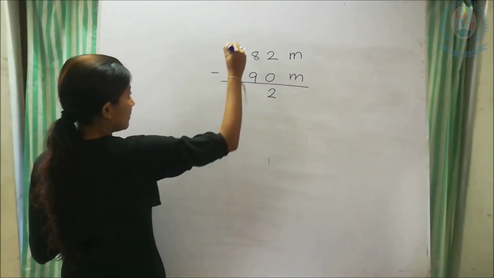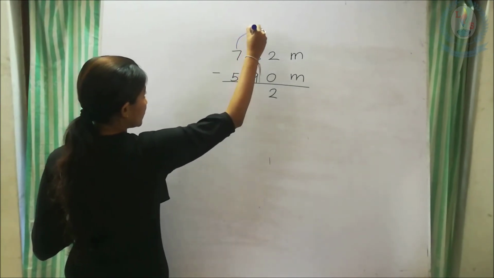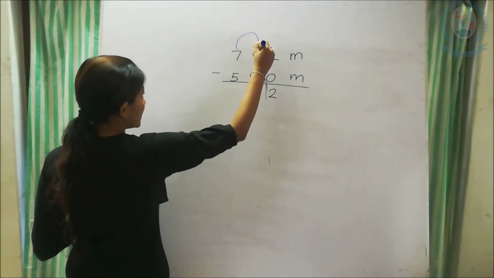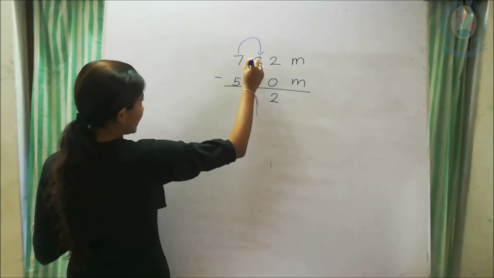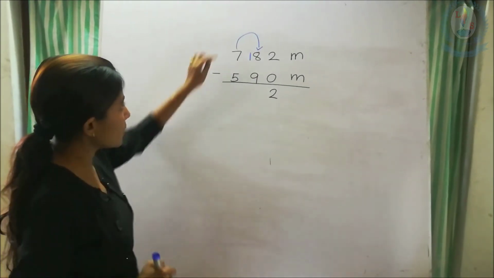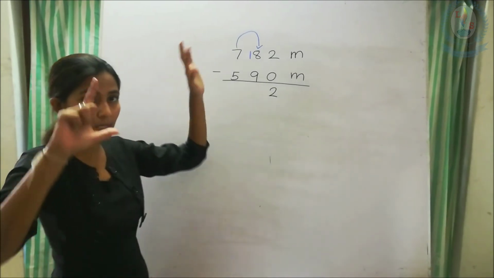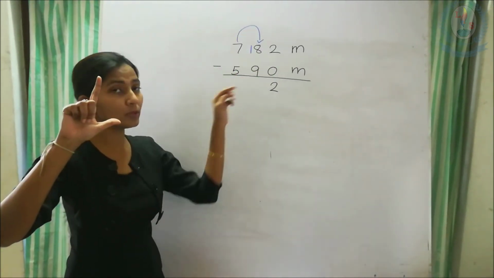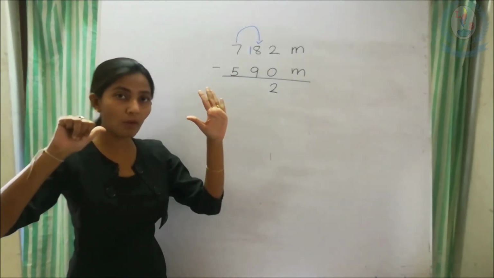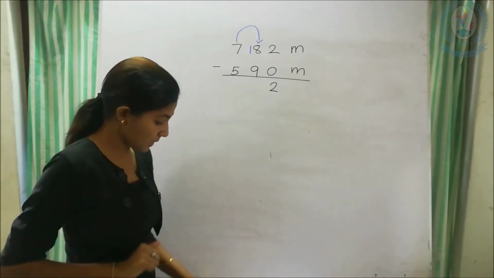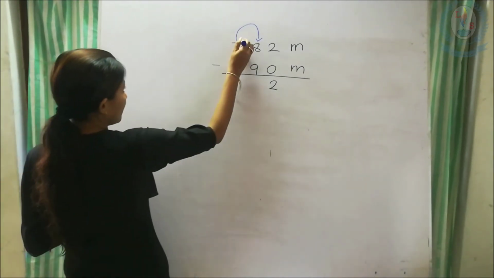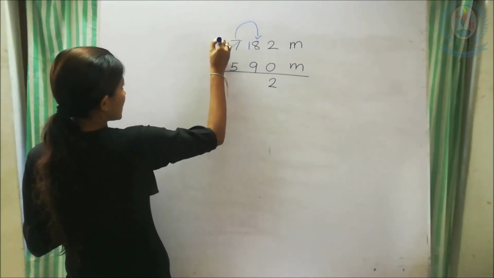So, as you have learned, you borrow 1 from this one. You put that 1 here. As soon as you borrow, you look at this number. From 7, you gave 1 to the other side, so you have to cut 1. Then it is 6.